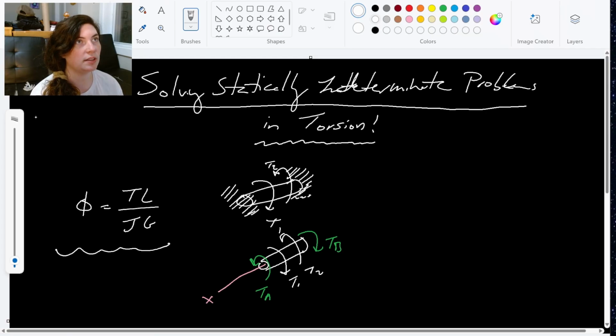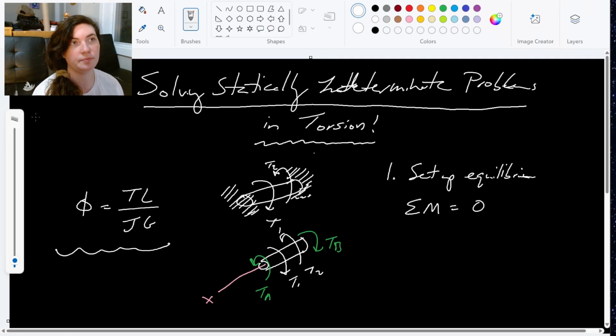Right, so when we're looking at these problems, the first thing we're going to do is set up our equilibrium equation like in statics. But for torsion problems, it's always going to be the moment formula. You're always going to be taking a moment.